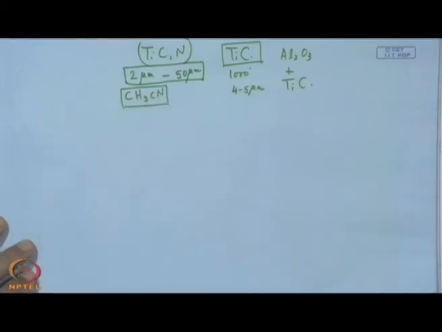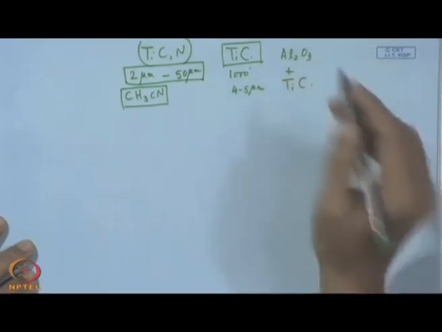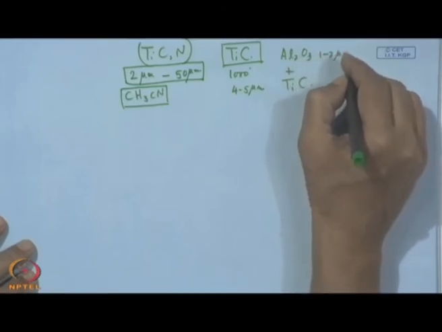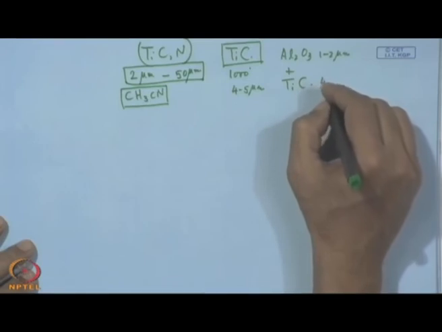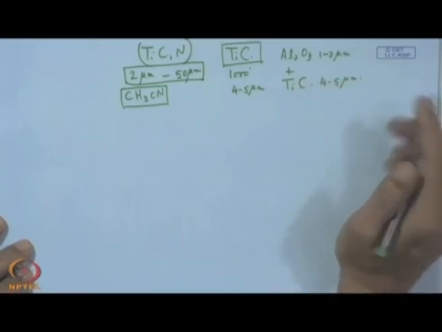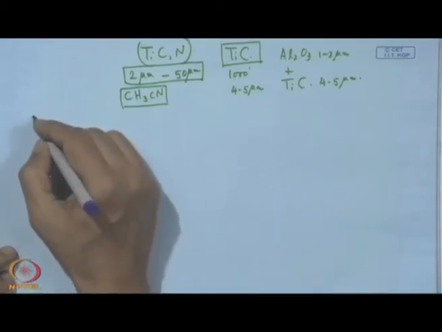Now, when it is aluminum oxide and TiC, that is a multi-layer coating, we have here 1 to 2 micron and here also 4 to 5 micron. Now, if we display the tool life versus thickness of the coating, some interesting observations can be made.